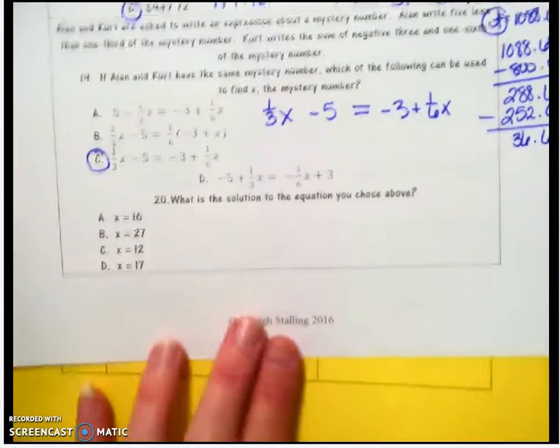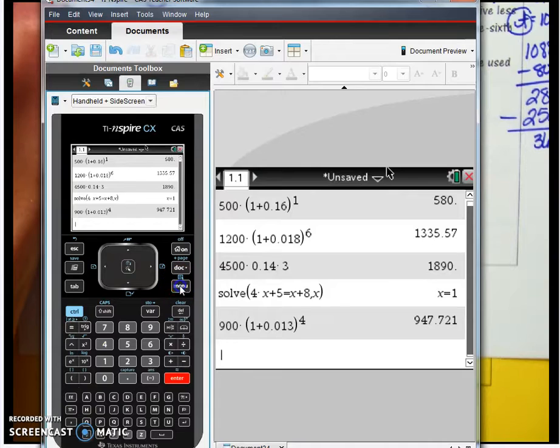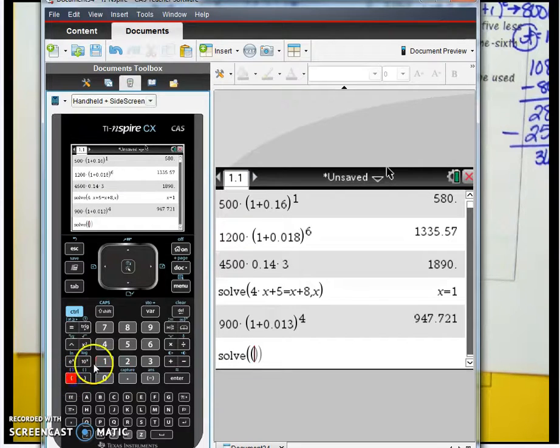All right, so I'm going to rewrite it real quick. Okay, so the quickest way on this one to solve it is to use your calculator and use your function that will solve equations. So remember, to put a fraction in, you have to use parentheses and do 1 divided by 3, that's a third, close parentheses. That's being multiplied by x, and then subtract 5.